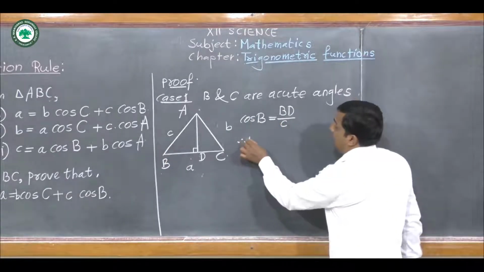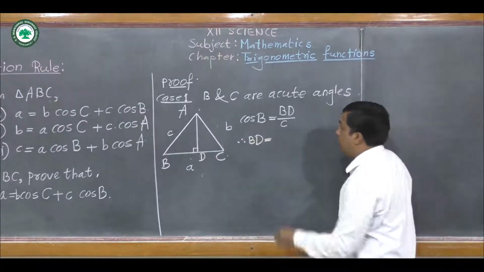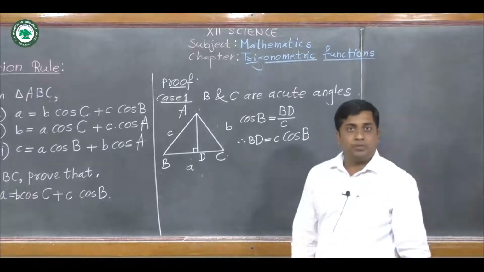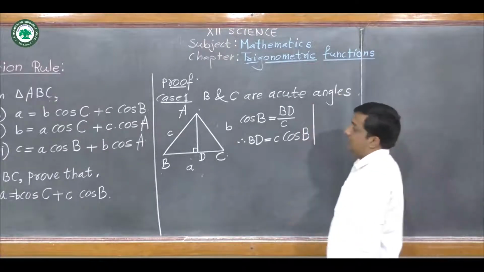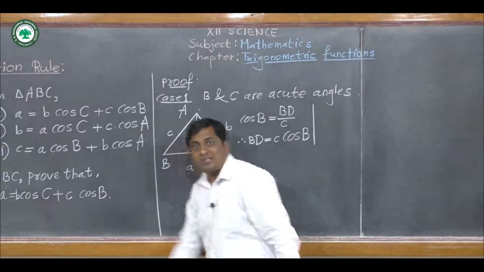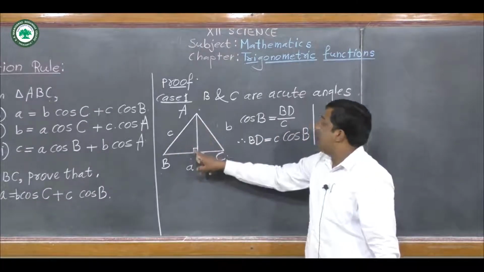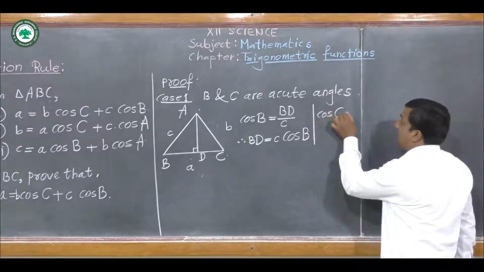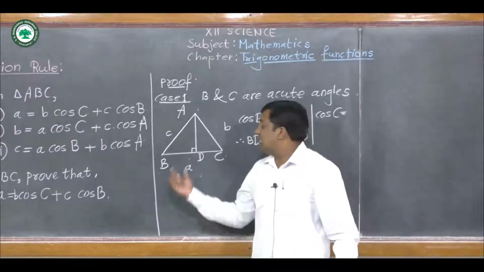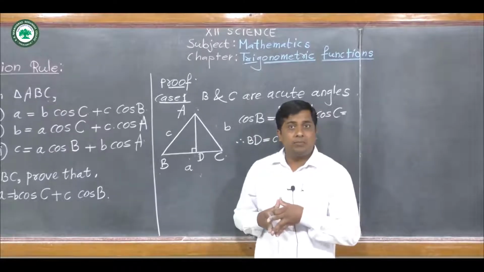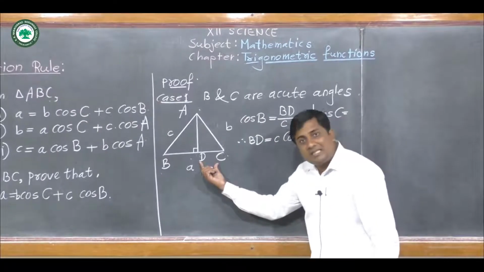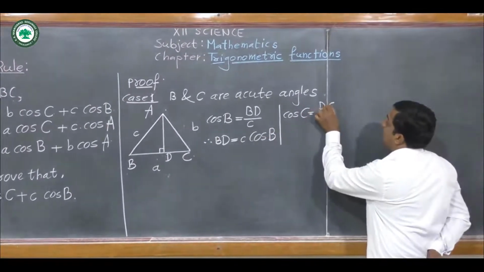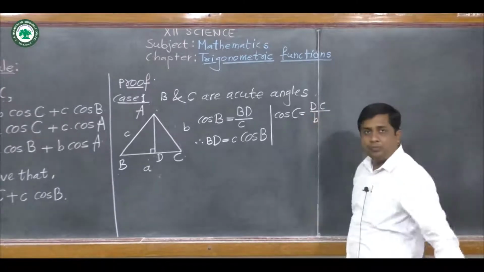So we get BD = c cos B. Similarly for cos C, we consider triangle ADC, where cos C is the adjacent side upon the hypotenuse. The adjacent side is DC and the hypotenuse is b, so cos C = DC/b.